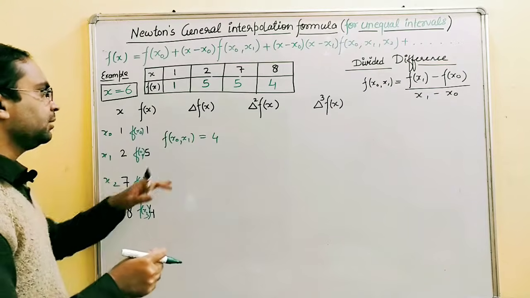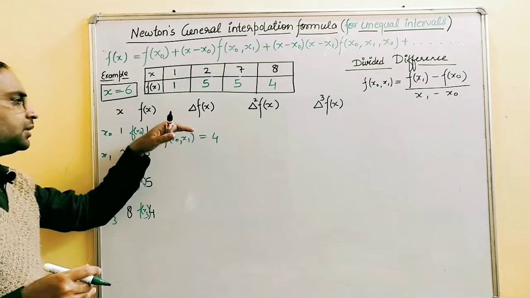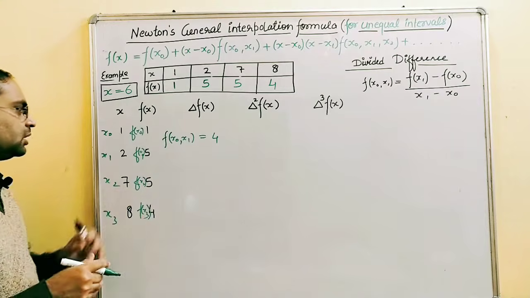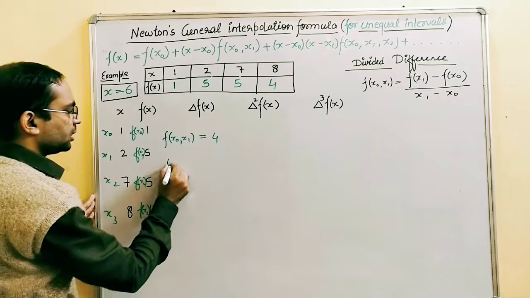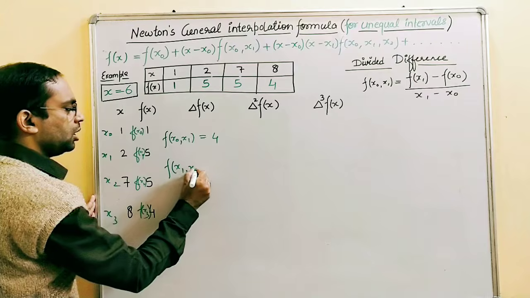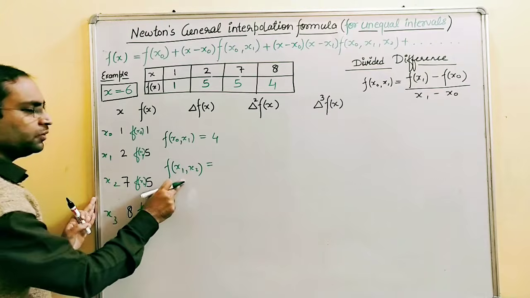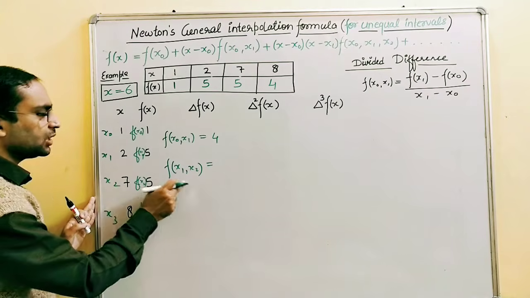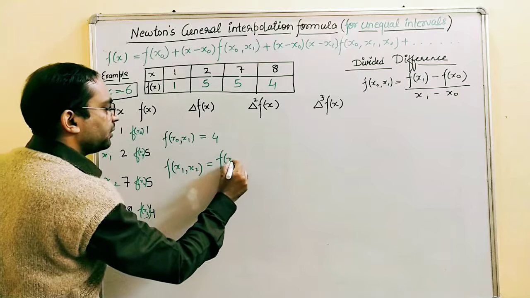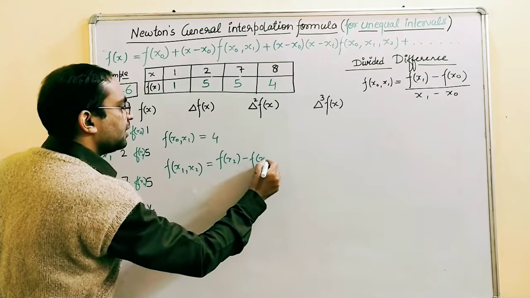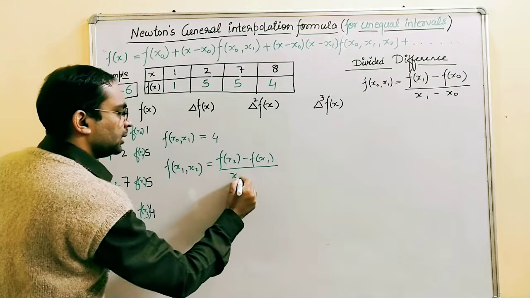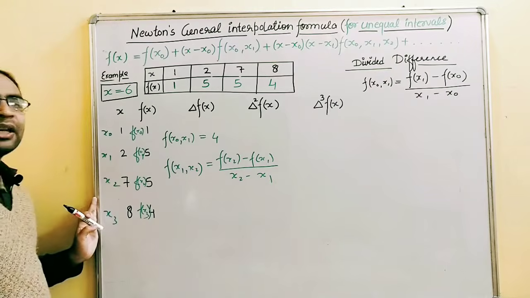Now let me calculate the next first divided difference in the same column. We can write it as f of x1 comma x2. This will be f of x2 minus f of x1 divided by x2 minus x1.